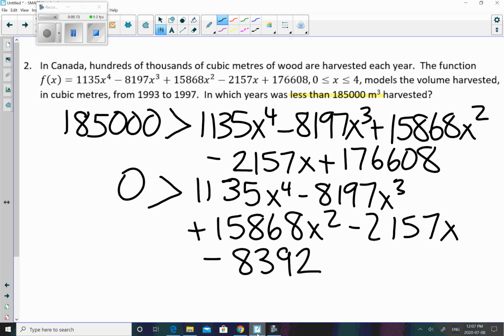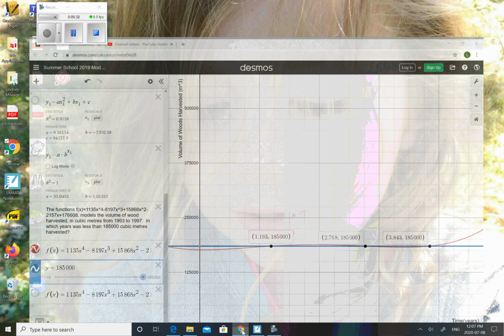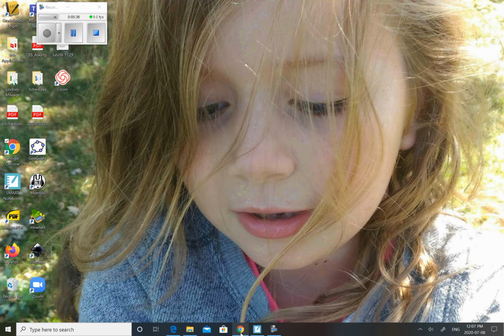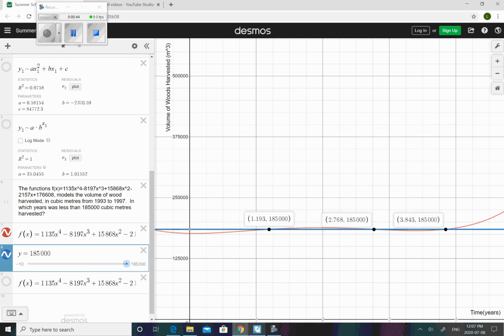So when x is less than 1.2 years, and then it goes above until this point here. So when x is between 2.8 and 3.8, it dips down below again. So between 2.8 and 3.8. And then it's above again through year 4.